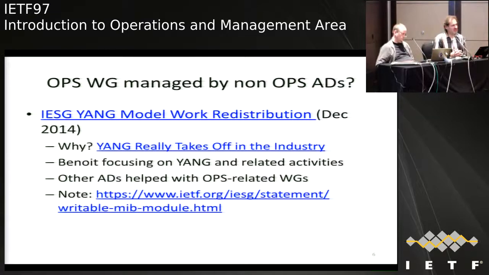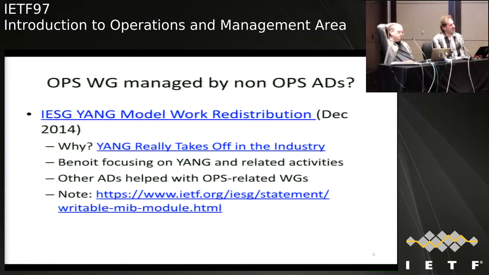It means that a couple of working groups were given away to non-operational area directors: the ones I mentioned, AAA, LMAP, and Anima. And what I want to mention at the bottom also is this IESG statement that we should stop doing writable MIB modules.